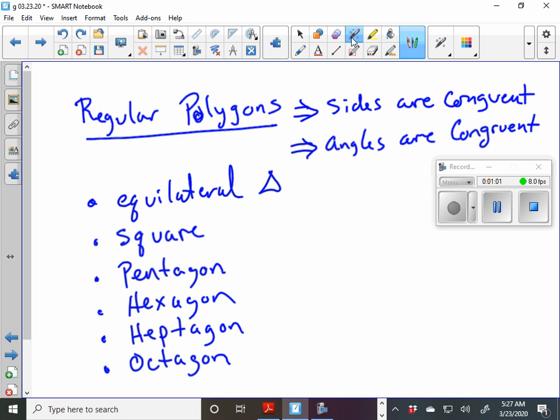You're going to work with a hexagon, definitely. I want you to know what an octagon is. That's an 8-sided figure, right? So as we go through this, 3 sides, 4 sides, 5 sides, 6 sides, 7, and 8 sides.